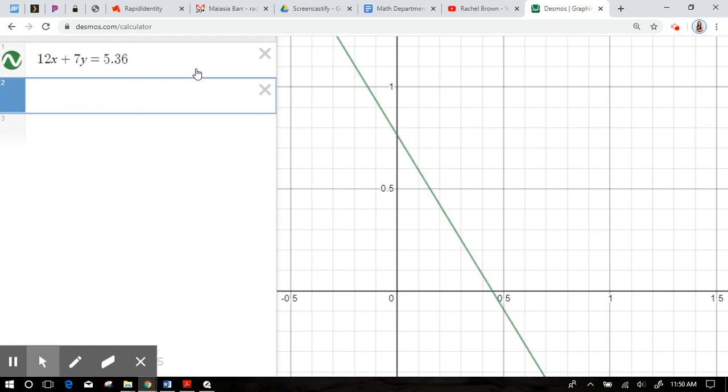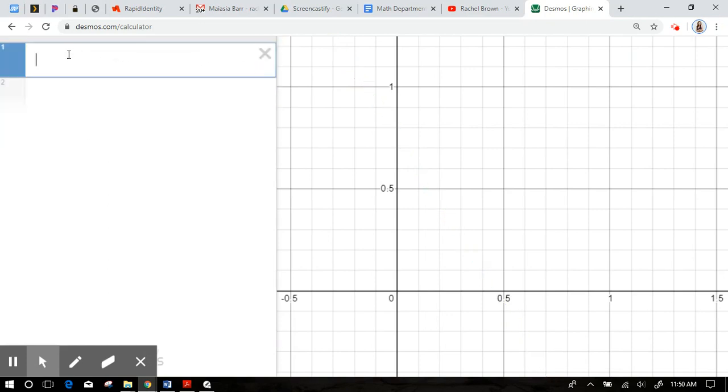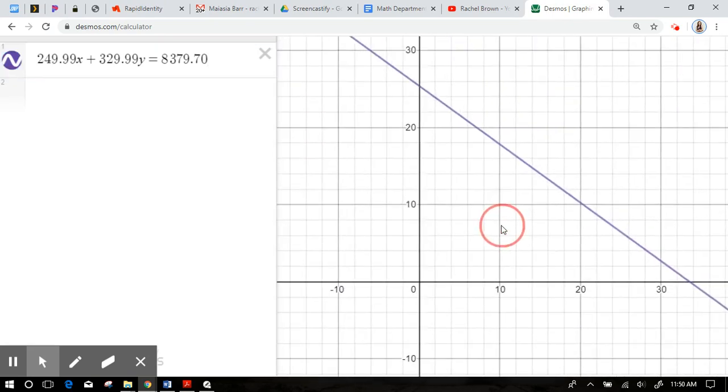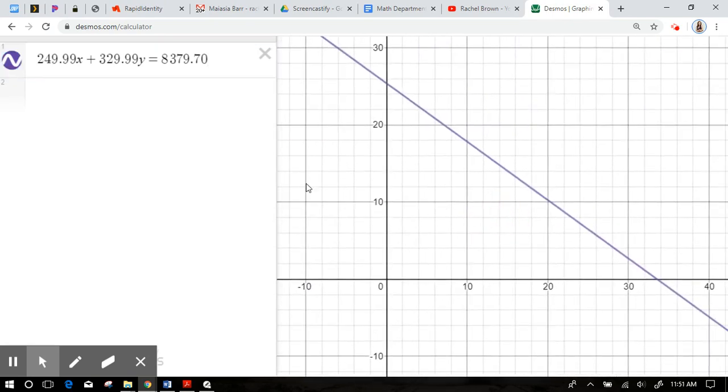So let's just cancel out both of these equations and type this in. 249.99x plus 329.99y equals 8,379.70. So that's one equation. Don't freak out that you don't see it in this window. I'm going to have to zoom way, way out to see my line. And there it is.